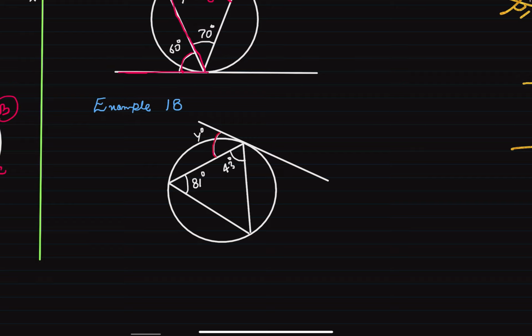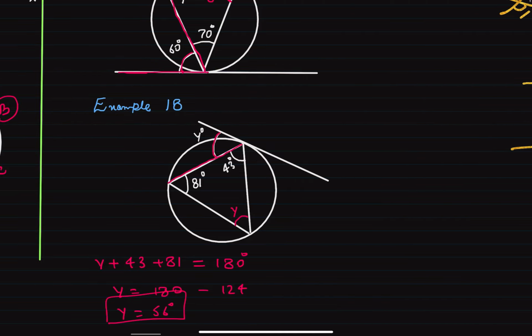This is the angle between the chord and the tangent, and the angle that is subtended by the chord is here. So this is also y. So again, you can use the property that the angle sum in a triangle is 180. That means 180 minus 3 plus 1 is 4, 8 plus 4 is 12. 180 minus 124 is 56, right?